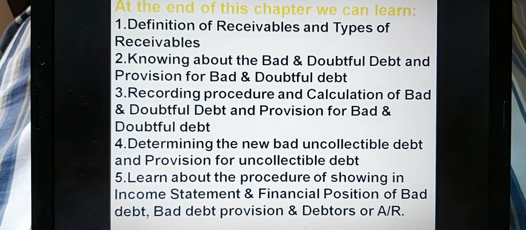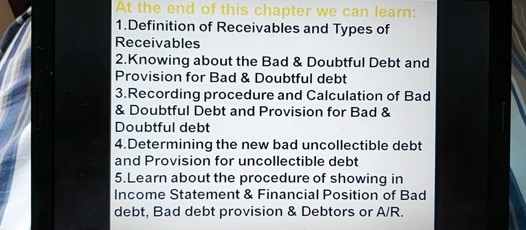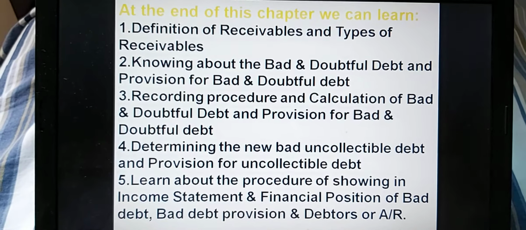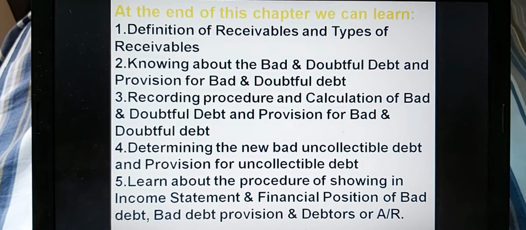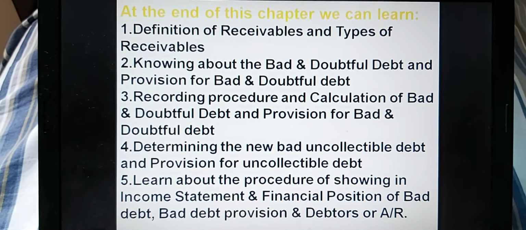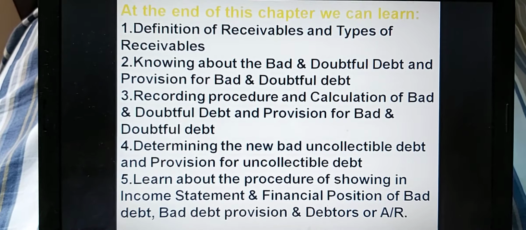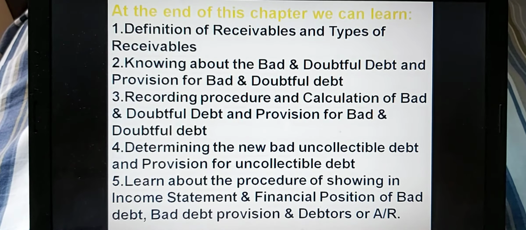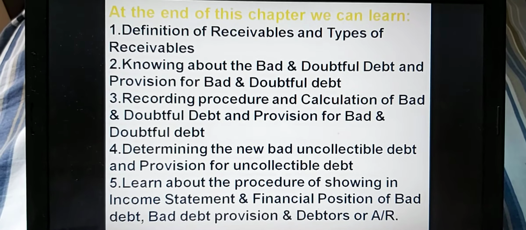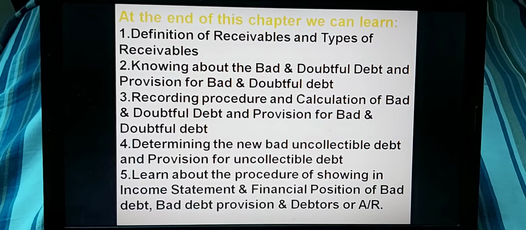Number 4, determining the net uncollectible debt and provision for uncollectible debt. Number 5, learn about the procedure of showing bad debt provision and debtors or accounts receivable in the income statement and financial position.